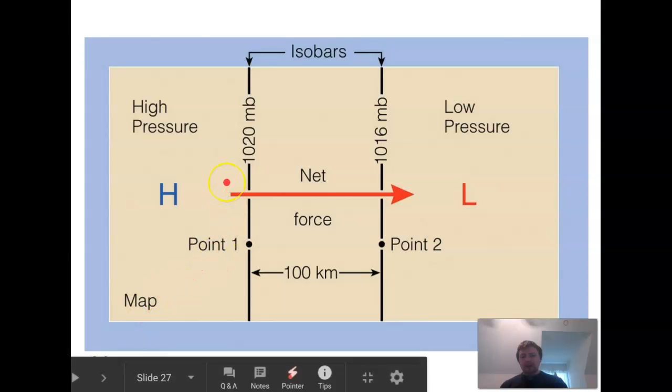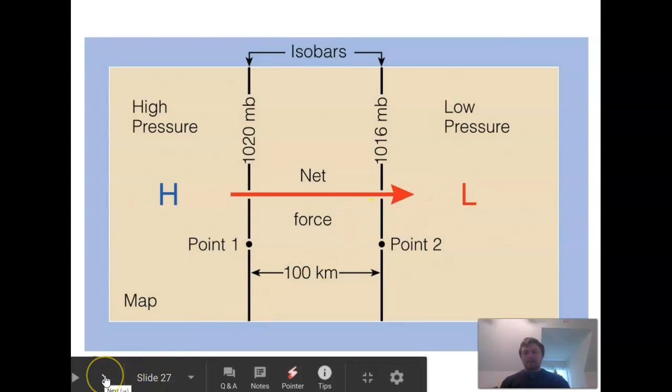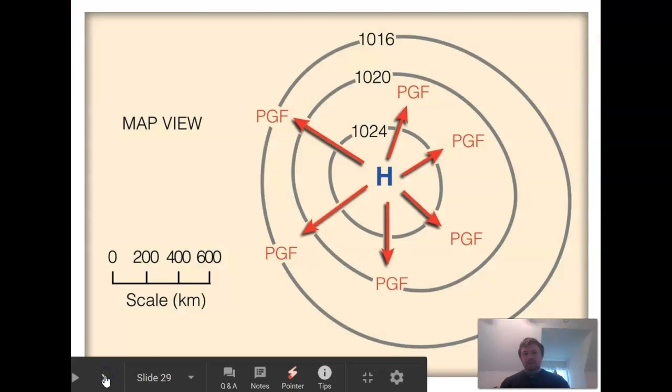That force is referred to as the pressure gradient force. The gradient is a difference in pressure from one point to another, and the stronger the pressure gradient, the stronger the pressure gradient force. But as you start moving the air, it'll experience some other forces.